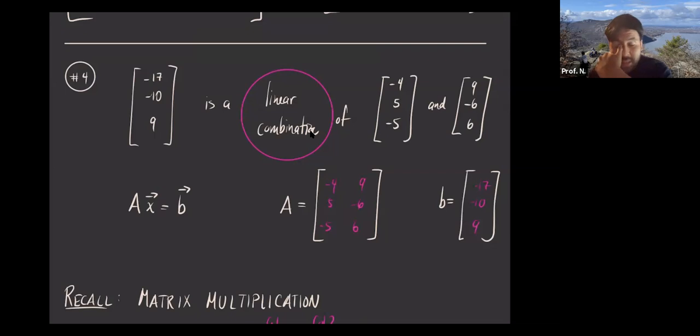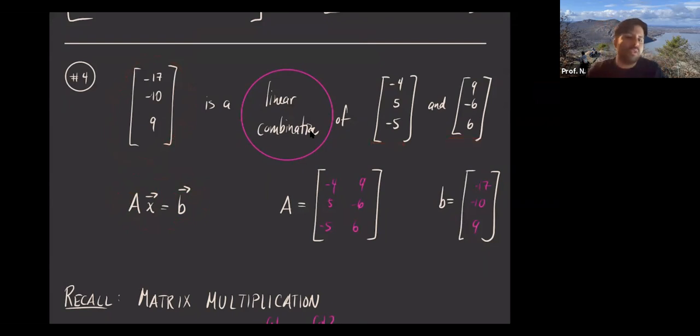That's it. So the idea was to understand first matrix multiplication. Once you understand matrix multiplication, you understand how you can rewrite systems as a matrix equation. Once you understand matrix equations, then you understand that the result vector is really just a linear combination of the columns of A. And so they're telling you this is a linear combination of these two columns.